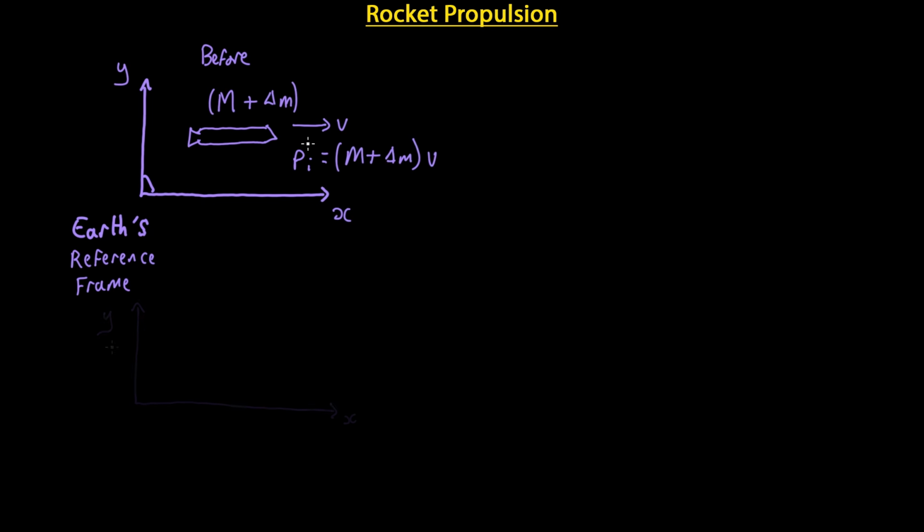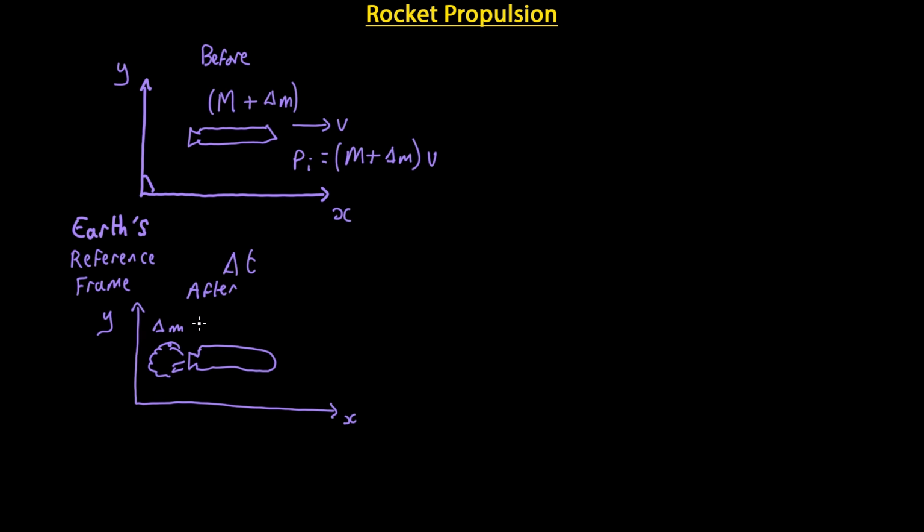The initial momentum of this rocket is equal to the total mass multiplied by its current velocity. Now, after some time delta t, we've burnt some fuel, or we've ejected some fuel out the back, which has a mass of delta m here, and the remaining rocket has a mass of capital M. But the speed of the rocket now is equal to the initial velocity plus some extra velocity here.